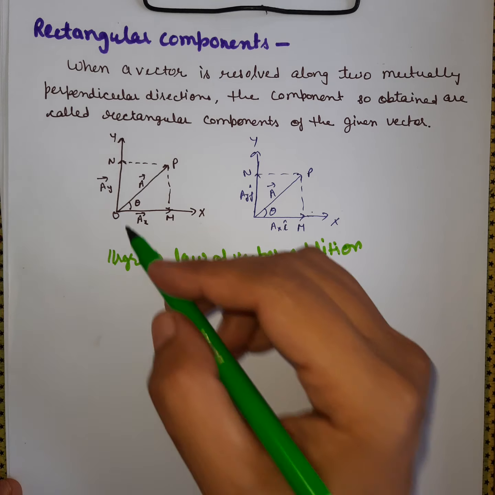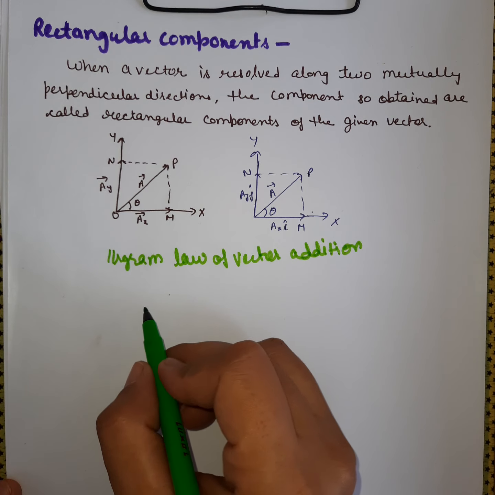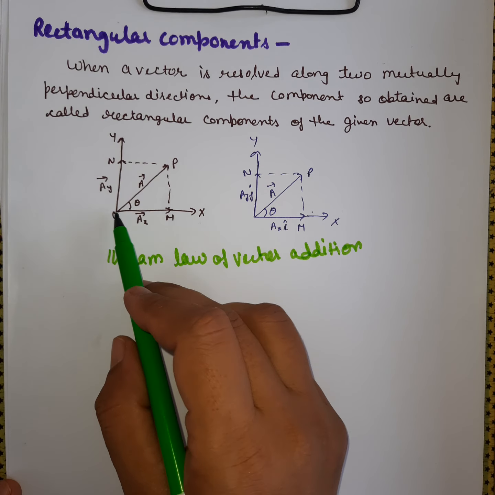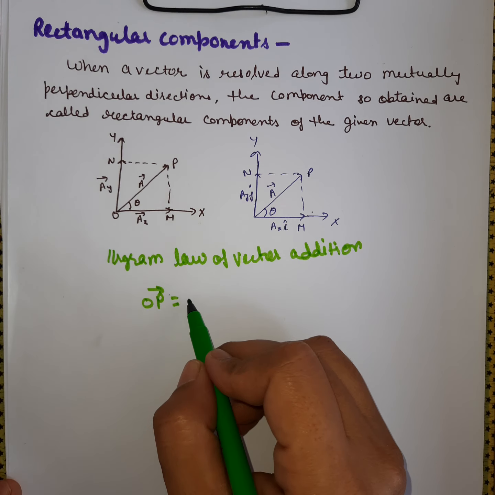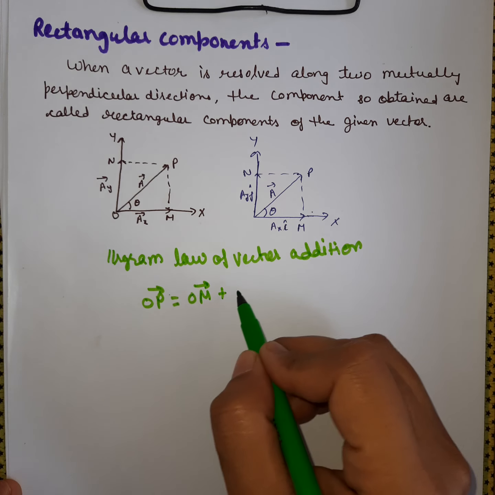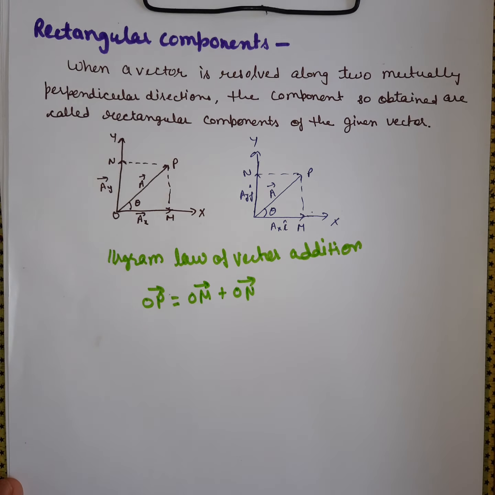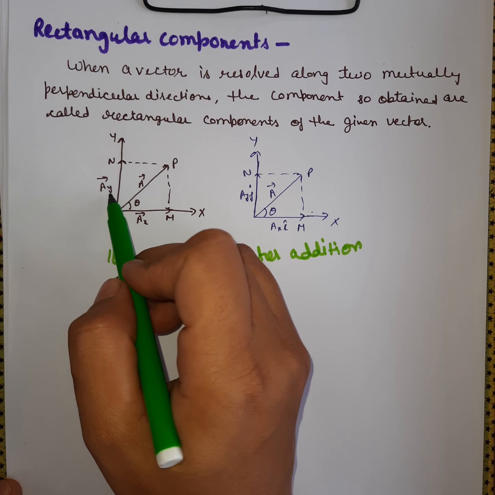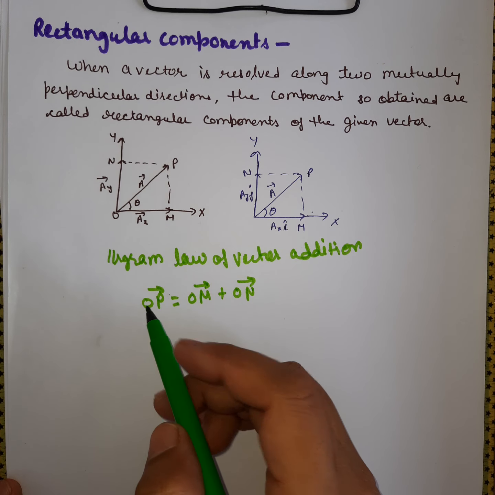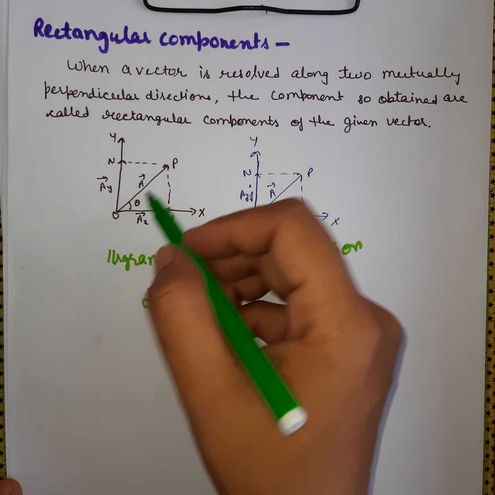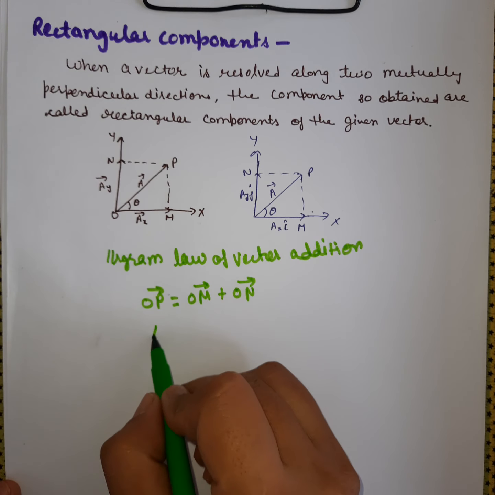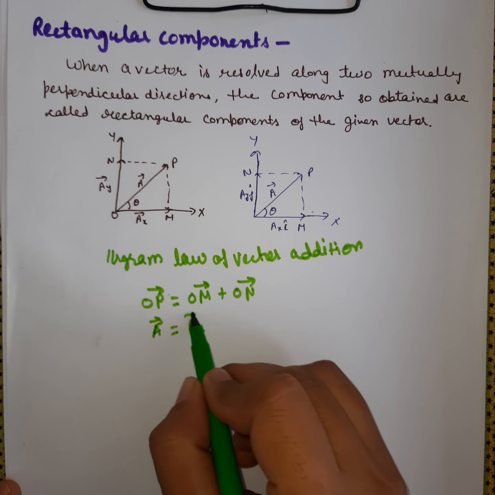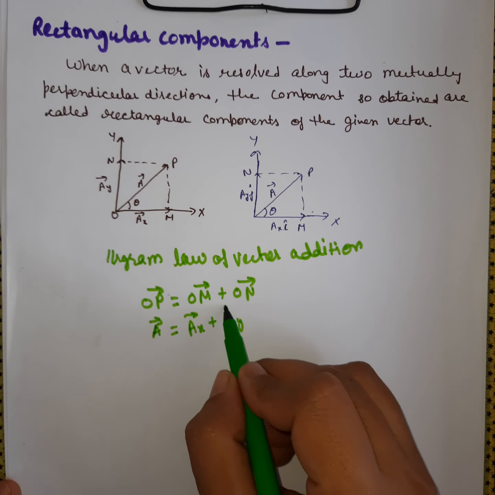what we can write, this OP vector is equal to the sum of these two sides, OM vector plus ON vector. Or we can write, as this is AX vector and this is AY vector, and what is OP? It is A vector. A vector is equal to AX vector plus AY vector.